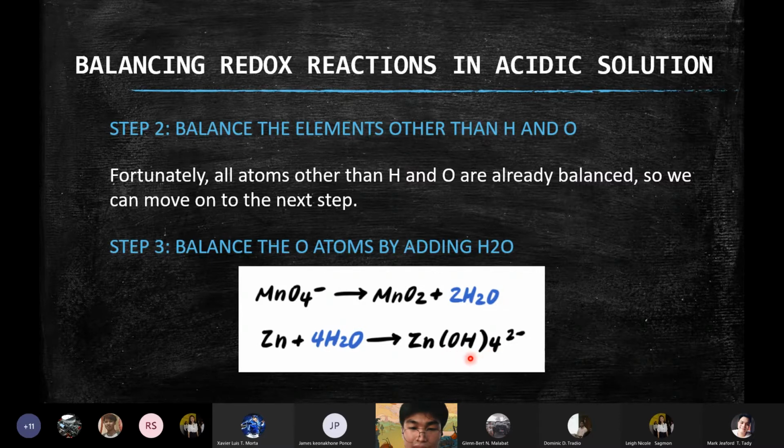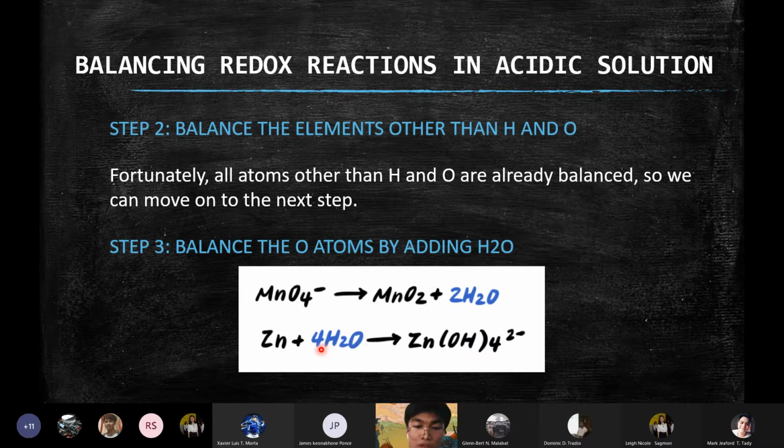Now remember that. Originally there is no oxygen atom on the reactant side, only on the product side, so that is much easier. By distributing 4 to the O, we have 4 oxygen atoms. And in order to balance the oxygen atoms, the step is to add H2O.